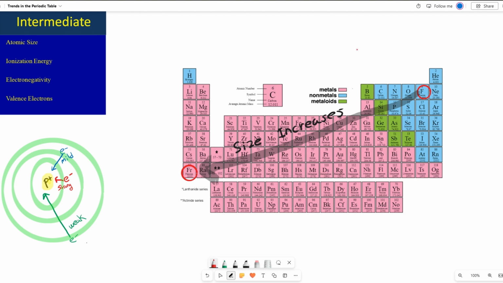So what that means is elements down where francium are have a very large size, and elements up where fluorine are have a very small size. We'll put a little table up here to list that.